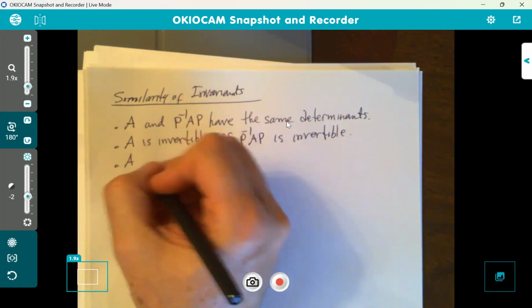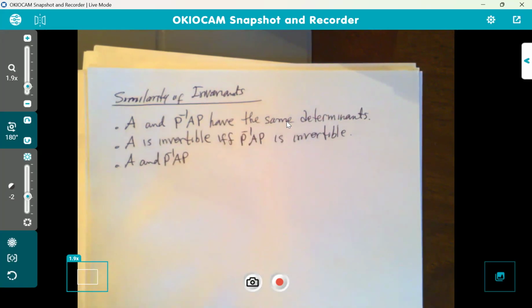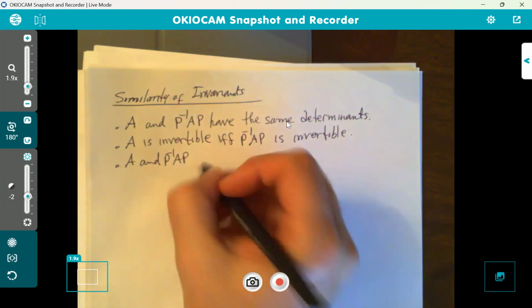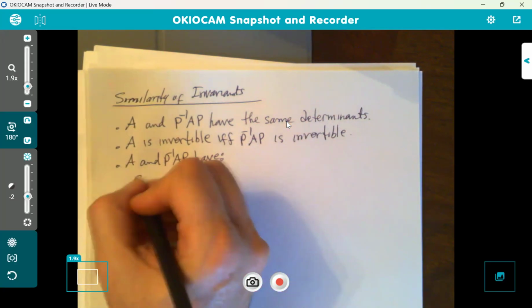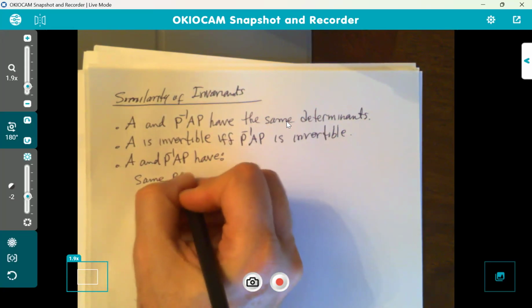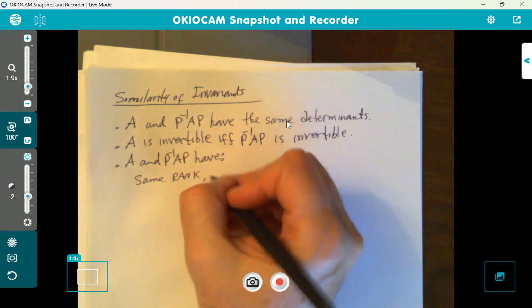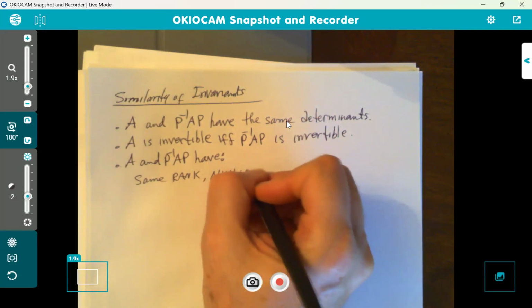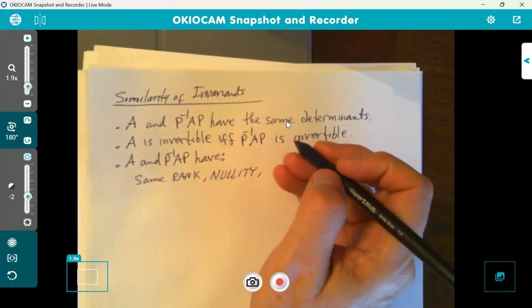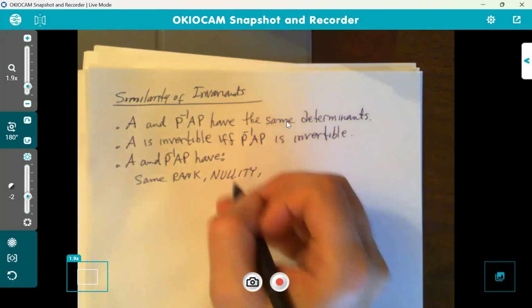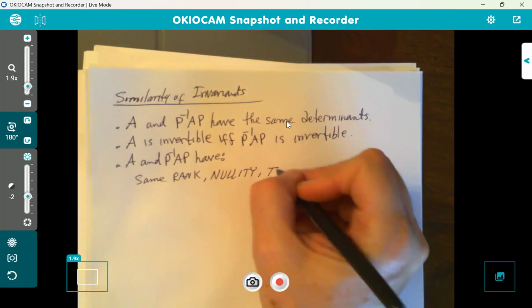A and P inverse AP, the similar matrix, the diagonalized version of A, have the same rank, and I'll show you this in an example, by the way. They have the same nullity. Remember, nullity is the number of vectors in the null space for the homogeneous system, right?